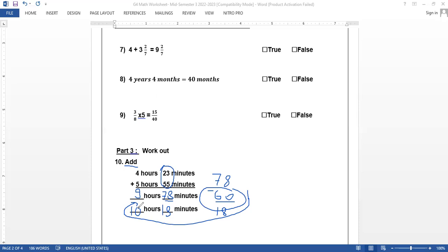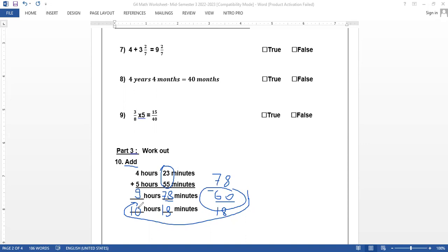So the answer will be 10 hours and 18 minutes, which is exactly 9 hours and 78 minutes. You have to be careful in the hours subtraction and addition. We have to add or subtract the minutes first, and then we add or subtract the hours.